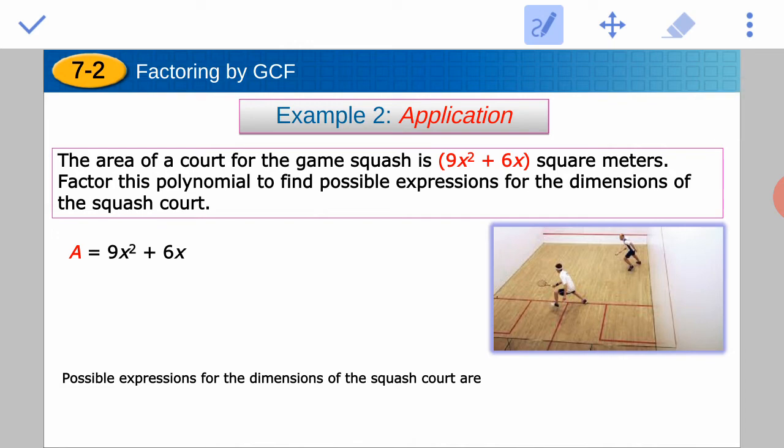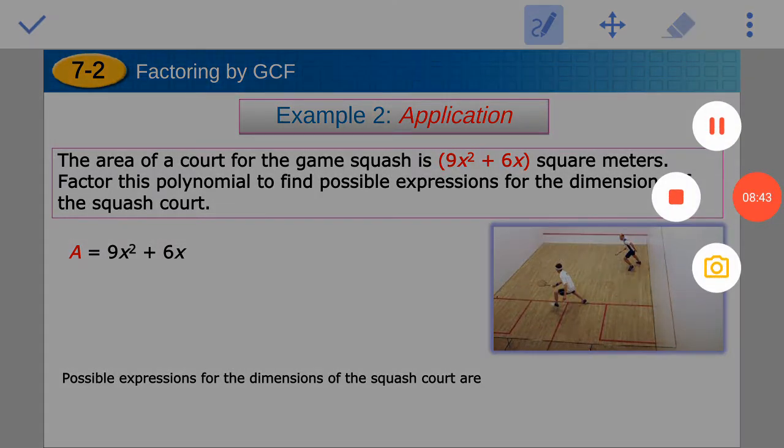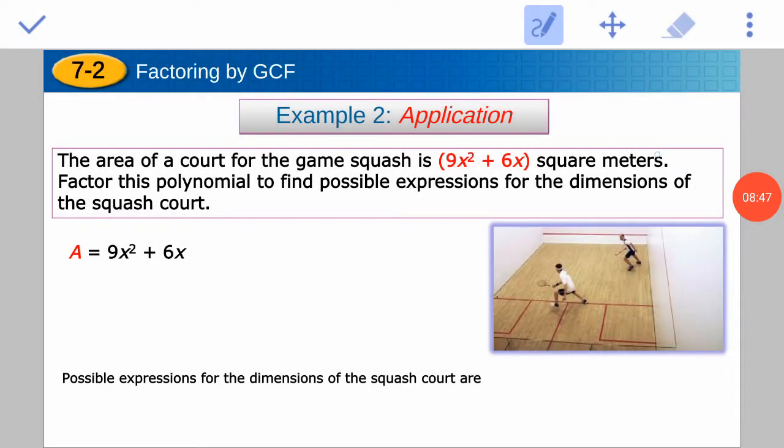Example number 2, it's a word problem based on the first example. The area of a court for the game squash is 9x squared plus 6x square meters. Guys, everybody knows the squash court is a rectangular shape, length and width.